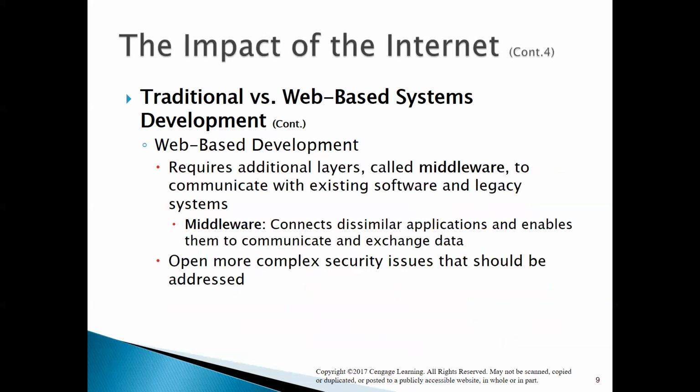Slide number 9. Now, web-based development requires additional layers called middleware to communicate with the existing software and legacy systems. The middleware, the definition is given there, connects dissimilar applications and enables them to communicate and exchange data. So the middleware is an intermediary software.